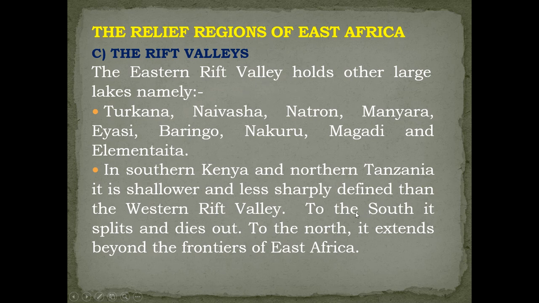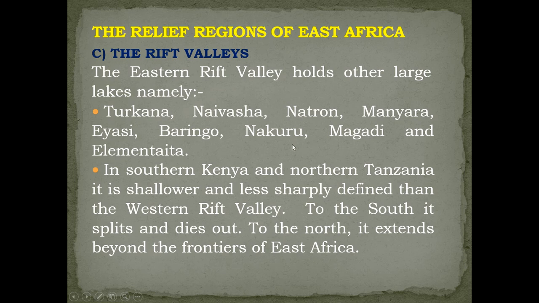Then when it extends to the southern part of Tanzania, we said it splits into the western part and the eastern part, and it dries out into Mozambique, into Central Africa. Then to the north of East Africa, this eastern arm extends beyond the frontiers of East Africa. Frontiers just mean the borders. So it extends beyond the borders of East Africa and goes into Ethiopia, into Egypt in the north.